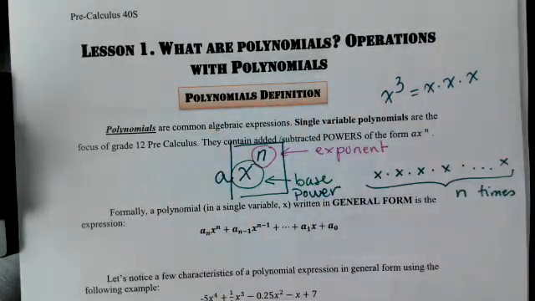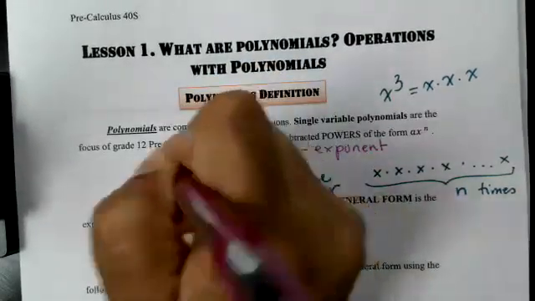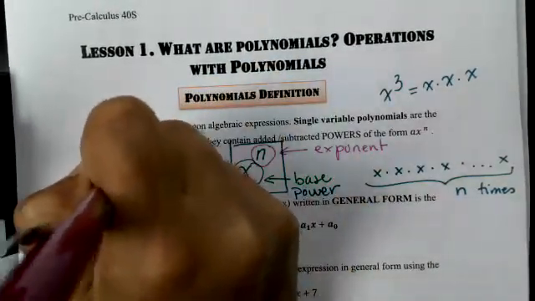And this number in front, the a, is going to be another number. It's called the coefficient.